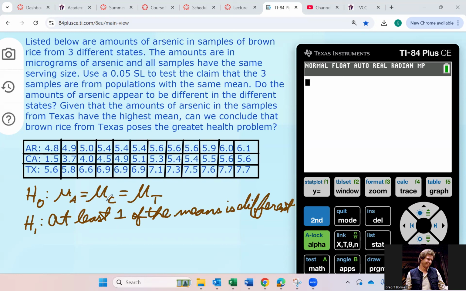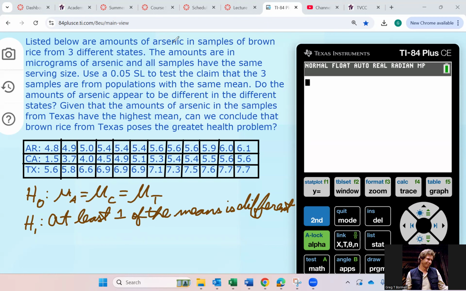So it could be that these two are the same and this one's different. Or it could be that these two are the same and this one's different. Or it could be that these two are the same and this one's different. Or it could be that all three are different. So we're trying to say all of that in the alternative hypothesis. That's why I'm saying at least one of the means is different from the others. So that's where we're headed.